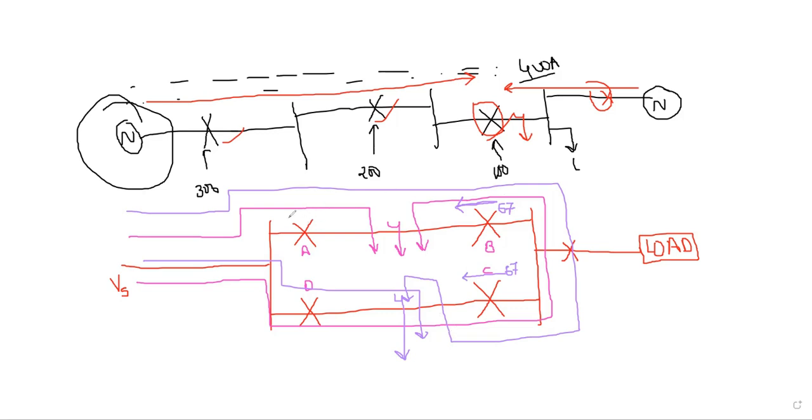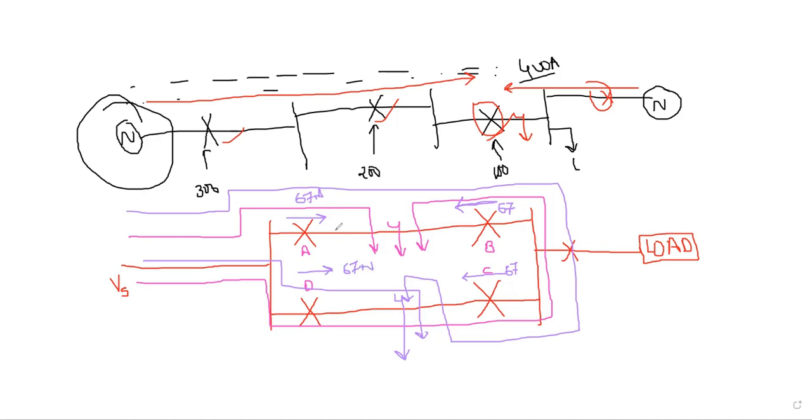Now you can ask me, if in A also we place 67 in this direction, suppose, then this breaker will operate if a fault is in this direction. And suppose you are placing the directional overcurrent relay in this direction, 67.